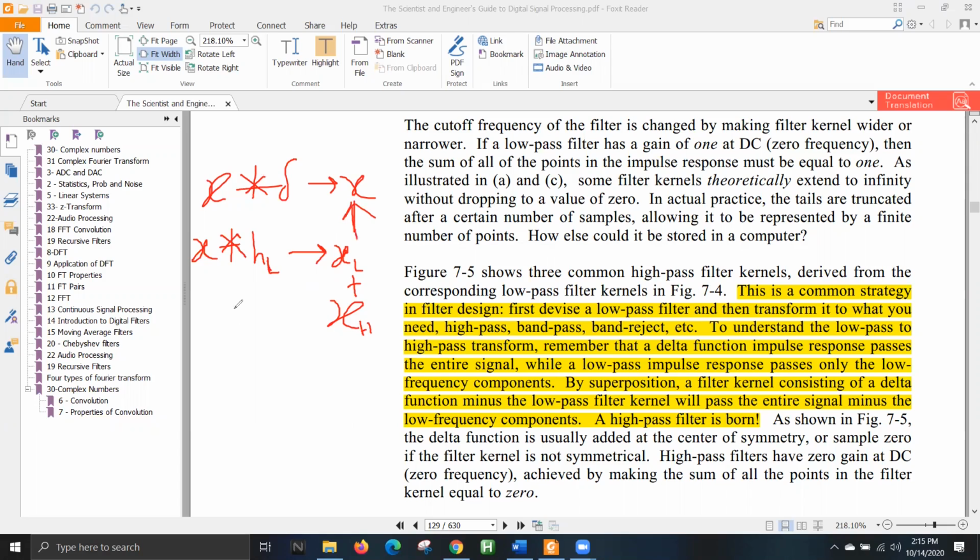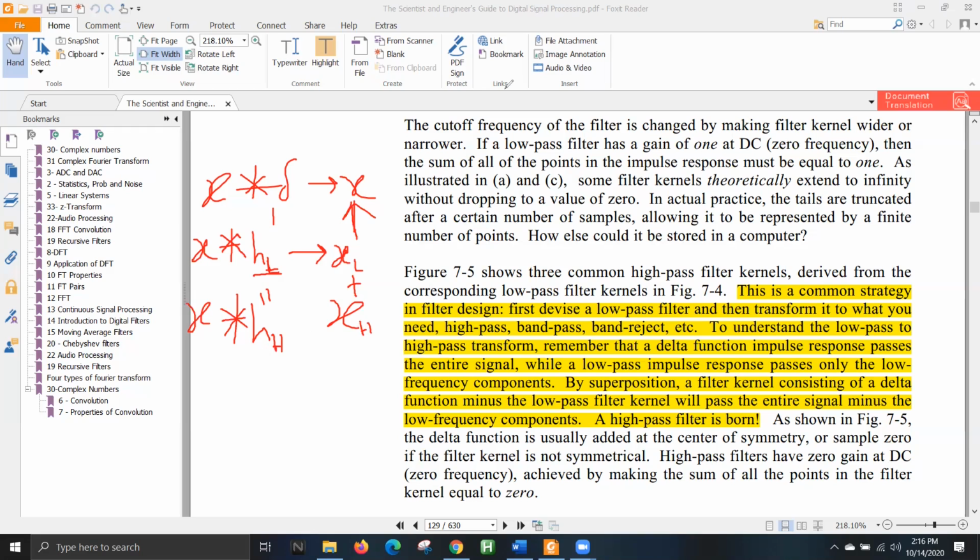So what should be the corresponding h? That means, in order to get this, what should the high pass filter h_h be? It will simply be delta minus h_l. This just comes from common sense: the corresponding h_h that you need will simply be the difference of the delta function with h_l.